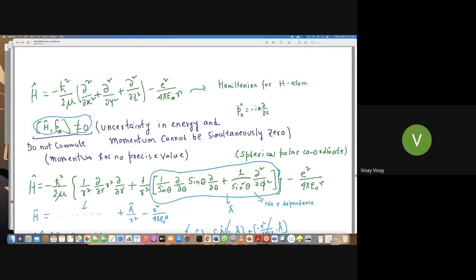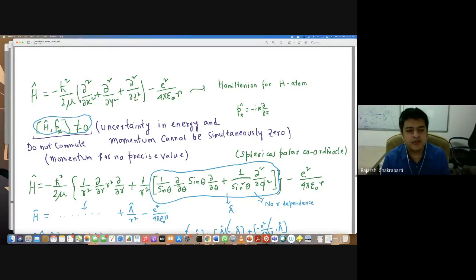They cannot be calculated simultaneously. It basically means that we cannot simultaneously measure the energy, which is the eigenvalue of the Hamiltonian, and the linear momentum, which is the eigenvalue of the linear momentum operator. So there will be some uncertainty associated with energy and momentum.